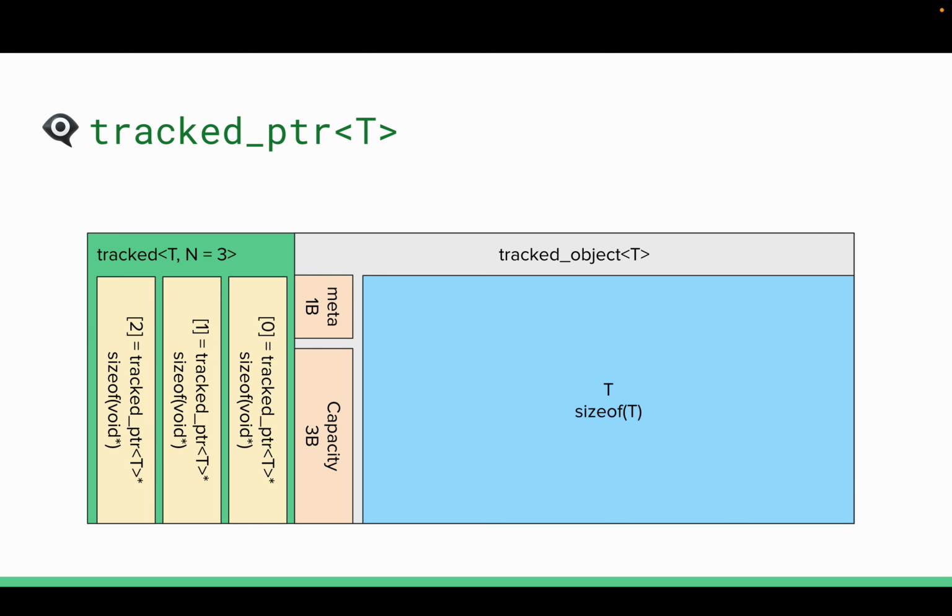So for every unique tracked T that you have, there would exist an additional 3 pointers of cost. So I'm actually going to do some quick math. If I have 16 different unique tracked types times 3 times 4, so there's a bit of a cost here.